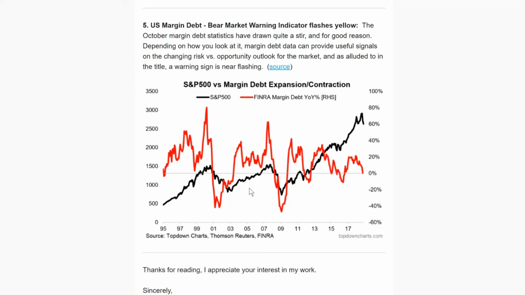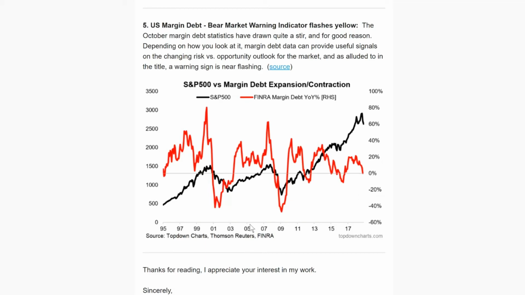And then on the flip side is when it goes across the 0% line, so it starts contracting year on year. That's basically people that are using margin debt pulling back on their margin positions, closing out, liquidating their leverage positions, and that could be because they see the market turning, or it could simply be that they've started to feel pain from that, and it could also be just because they're getting margin calls and actually being forced to close out and reduce their leverage.